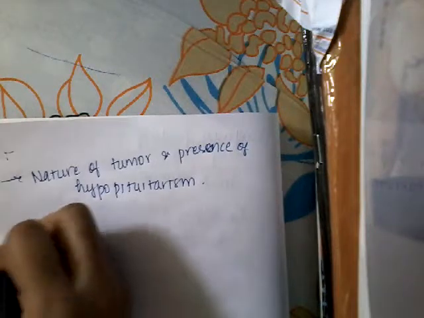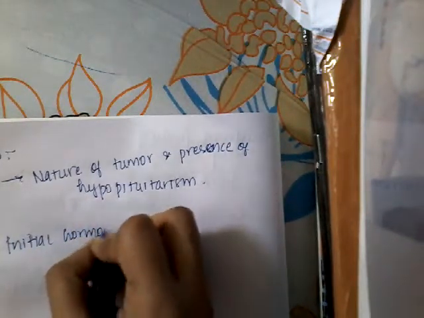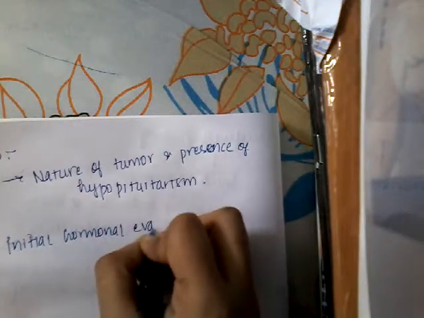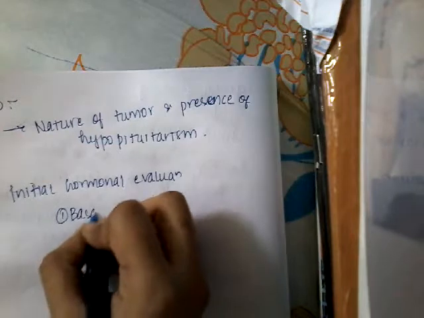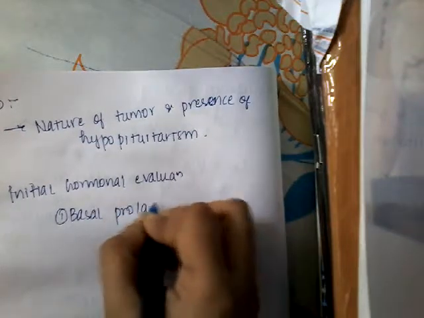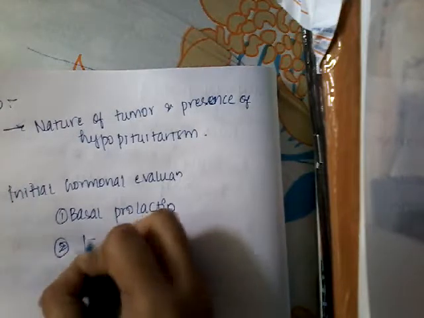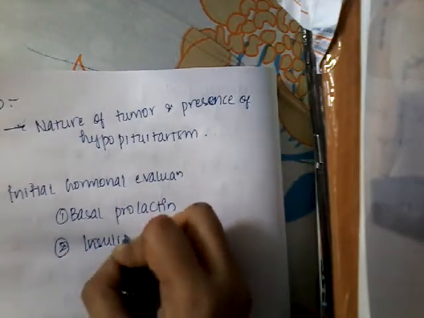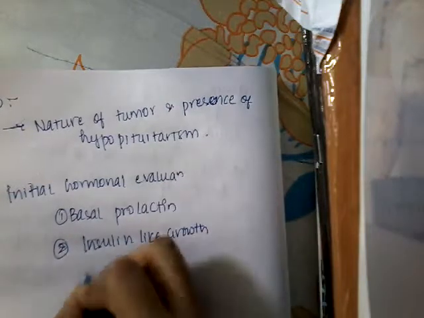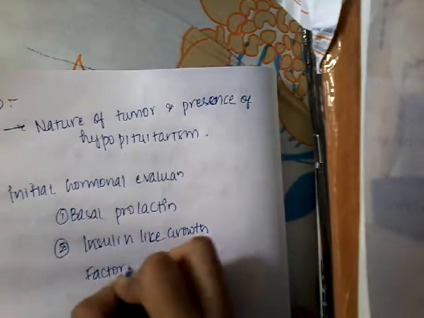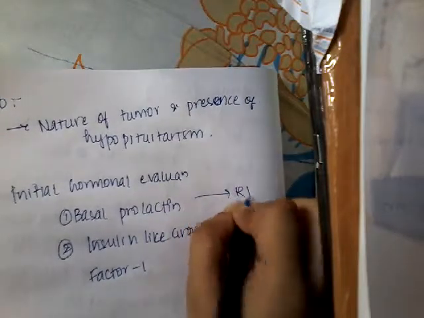First, you have to do initial hormonal evaluation. In them, number 1, basal prolactin for prolactinoma, and then you will have to do insulin like growth factor 1 for growth hormone.